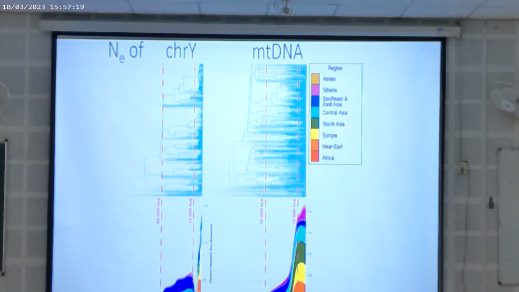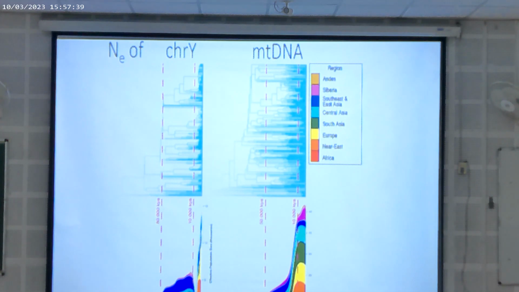Because this is not region specific, this paternal drop of effective population size or a great bottleneck. And it is also not lineage specific, as we don't see it in the maternal lineages.